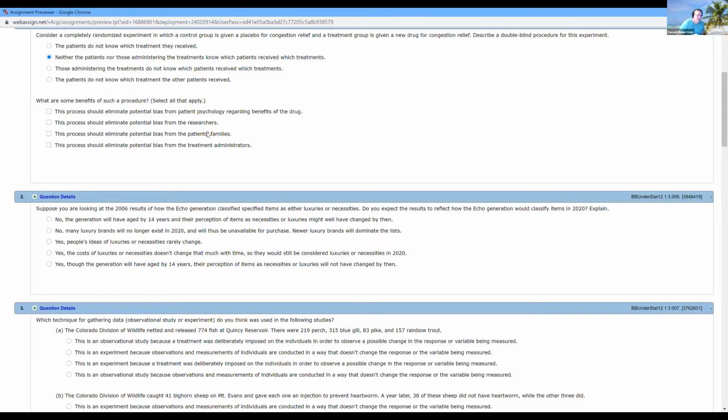Okay, now, here are some of the benefits. The first thing is, the process should eliminate potential bias from patient psychology regarding the benefits of the drug. Basically saying placebo effect, I would agree. That's one of the reasons. This process should eliminate potential bias from the researchers.